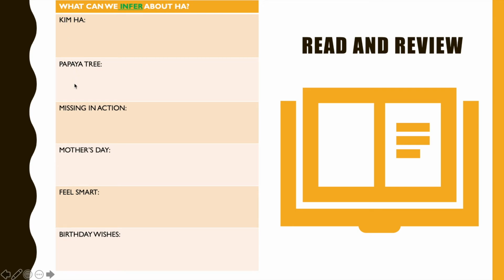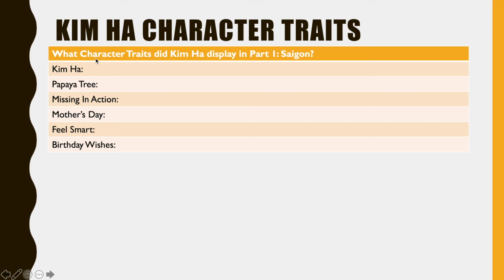So here is the guided practice that we did for the day, where we read each one of these focal passages within our anchor text, and we pulled out the evidence that showed or we could have possibly made an inference about one of the characters. Once we did that, they worked together in groups to come up with what type of character traits those evidence displayed.